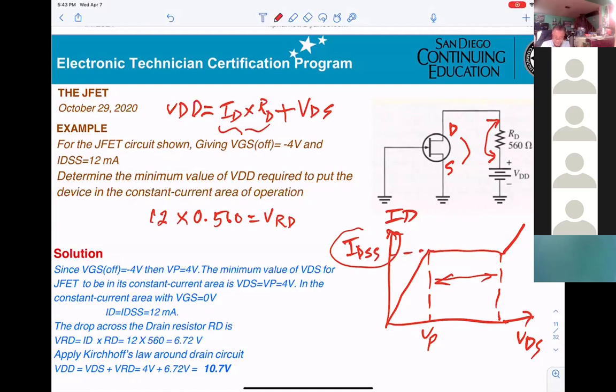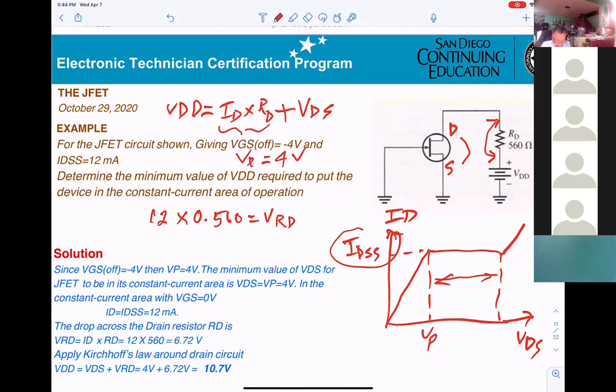And now you need to get VDS. You can see right here, you get VGS off equal to minus 4 volt. That tells you VP equals 4 volt. We already said VP and VGS off must be opposite, the same value.